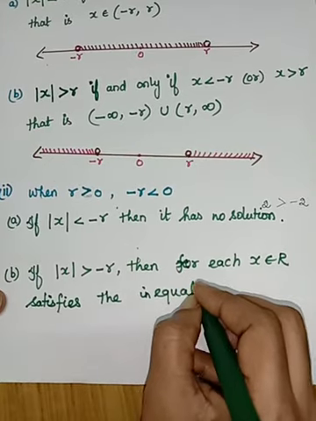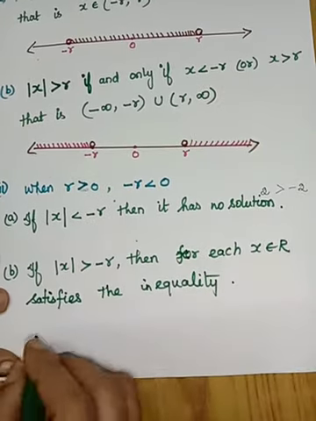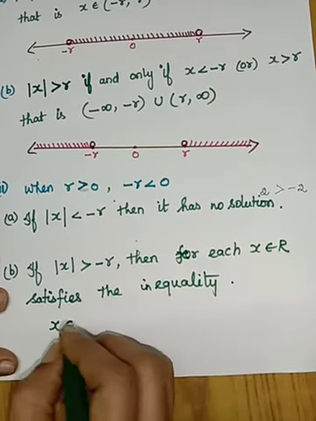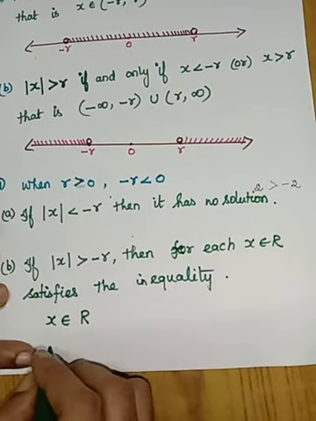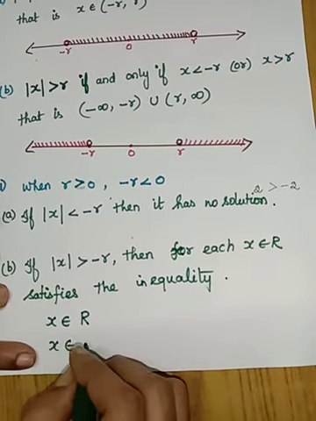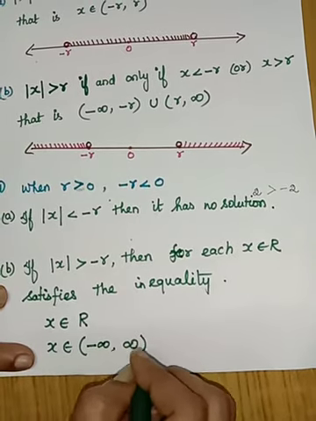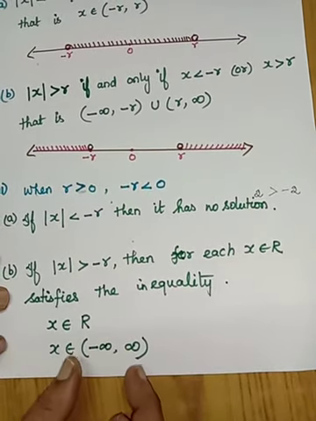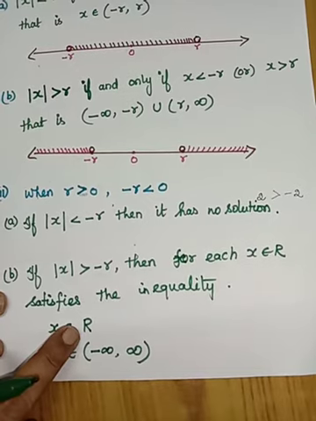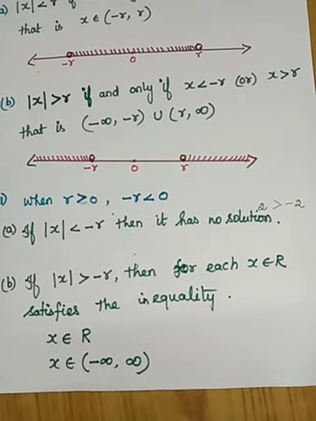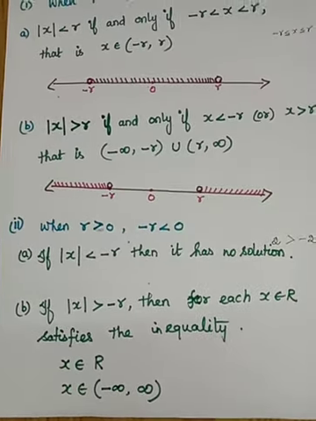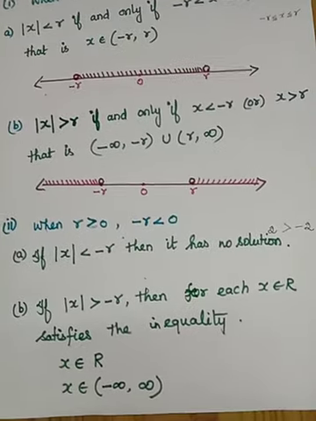So what is the solution we have to write for this? x belongs to R. Otherwise we can say x belongs to the interval minus infinity to plus infinity. If you write this, it denotes the set of real numbers. Okay, got it clear? But when you are doing the problem, you have to see the right side.